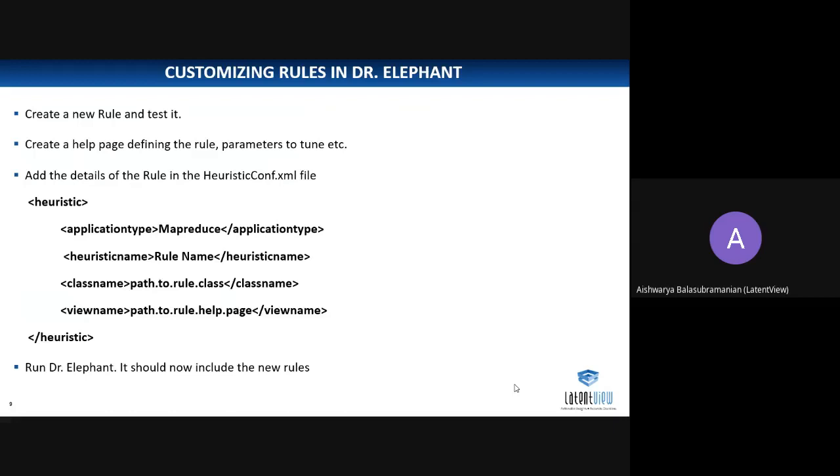For example, the application for which I am going to propose the rule is MapReduce. Give the name of the rule, the path to the rule class, and the path to the rule help page, with which you will be defining the rules. Once you have defined these rules and your heuristic conf.xml file is ready, you have to launch Dr. Elephant so that the new rules will be applied on your data, and you can apply even more optimization beyond the predefined, inbuilt heuristics.